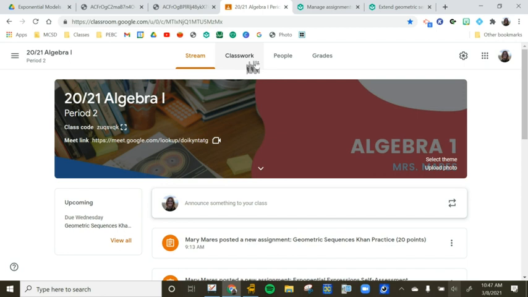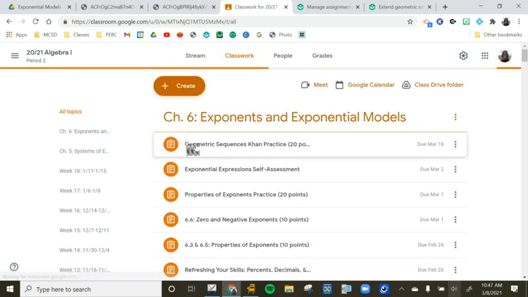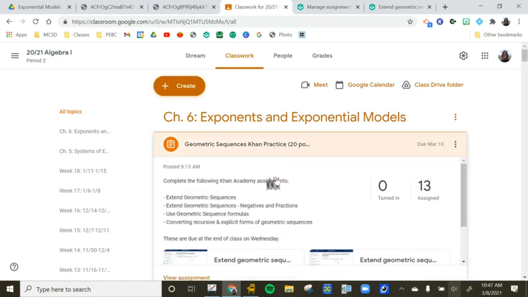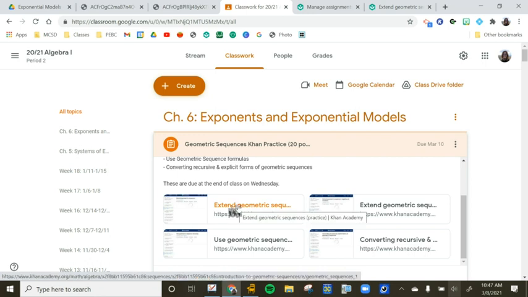So in Classroom, there's the geometric sequences Khan practice assignment. This is going to be 20 points in total, so 5 points per assignment. And then go to this first one here, extend geometric sequences.